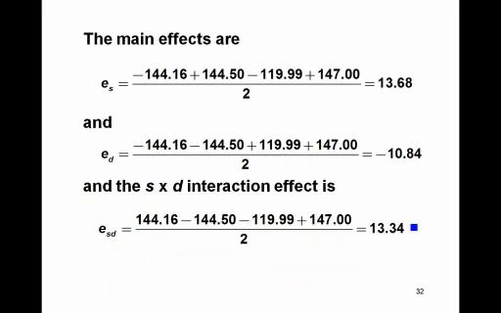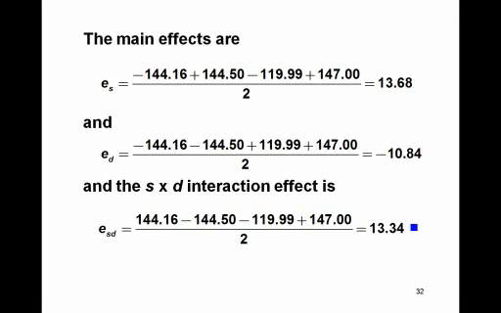If we interpret that literally, this would say that if we move little s from its 20 level to its 60 level, we would expect average cost to go up by about $13.68, so that the smaller value of little s is superior, giving us a smaller average cost.